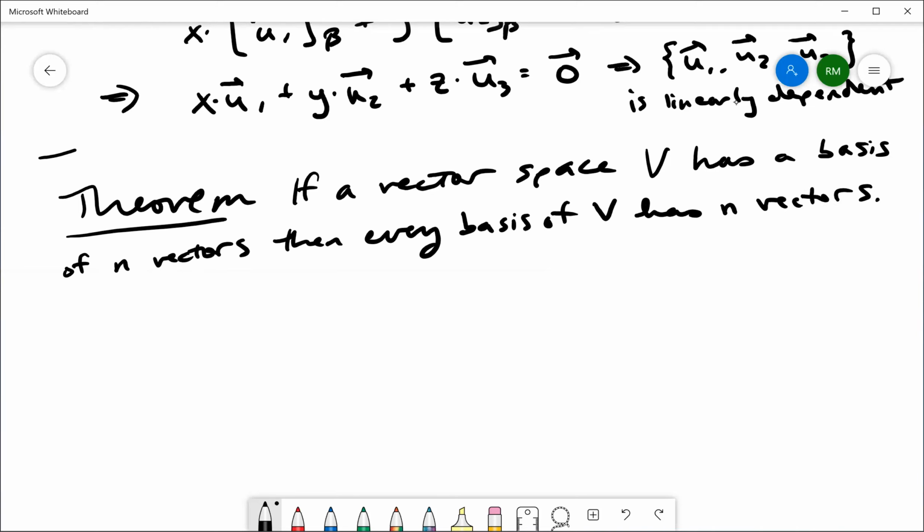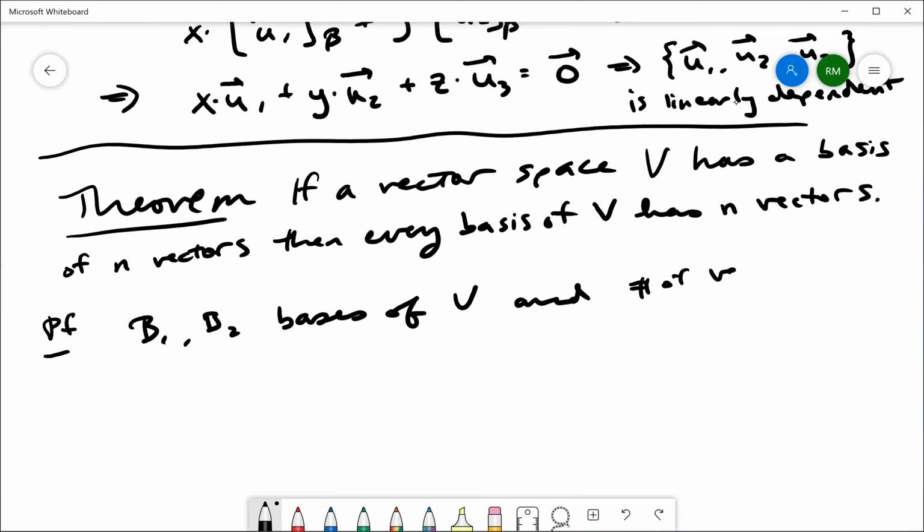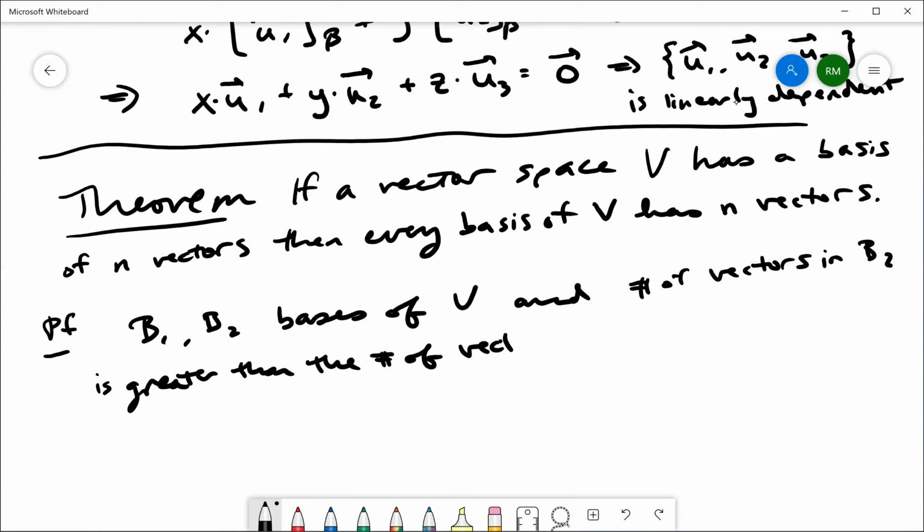All right. The proof's pretty easy. Let's say I have two bases. And let's say the number of vectors in B2 is greater than the number of vectors in B1.